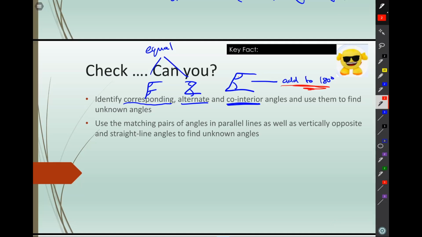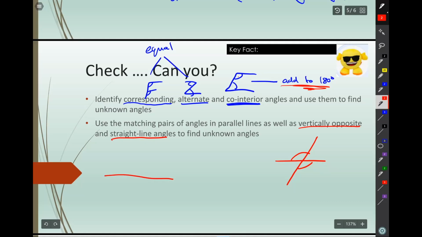And now if we put those three tools together with the tools we already learnt, vertically opposite angles being equal, and straight line angles adding to 180, we should be able to solve a whole different range of problems finding unknown angles between parallel lines.